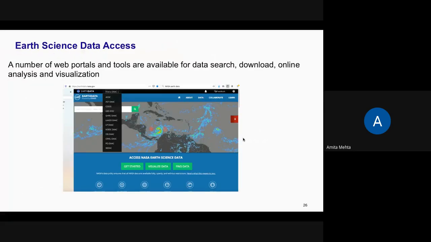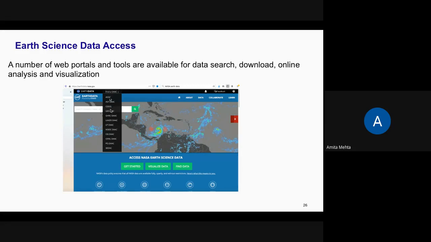Okay, so this is NASA Earth Science Data Access. There are a number of web portals and tools that you can use to search and download some of these data sets, and here is a summary of that. This is the website, and you can search and find data.